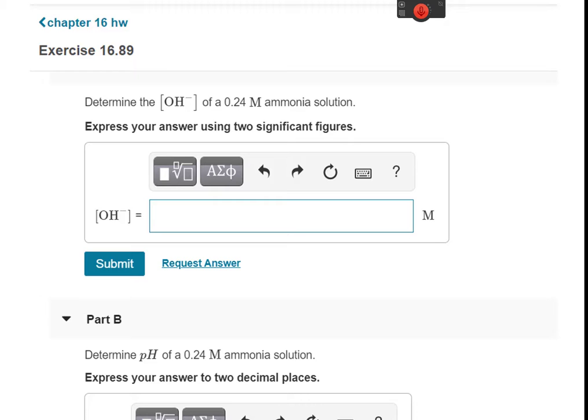So when you work on this, do part A first. If you don't have it right, don't go on to part B until you get part A right. Okay, so just be aware of that as you're working on this. Before I get into too much detail here, I would recommend that you go ahead and try to solve this.